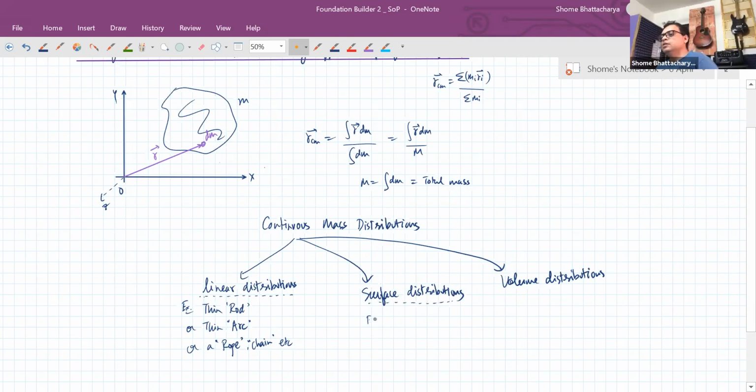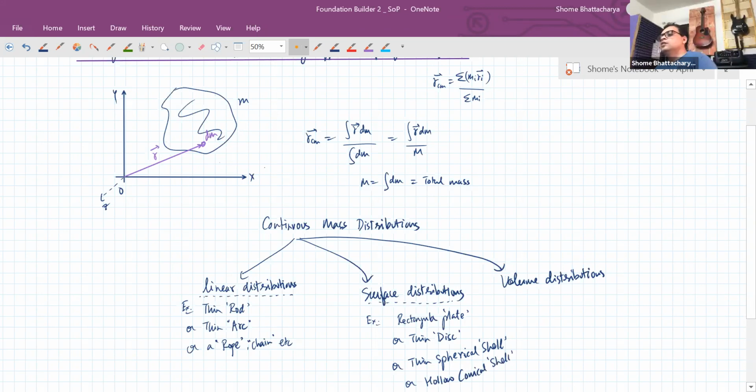It could be a laminar surface like a rectangular plate or thin disc. Or it could even be a non-laminar surface, for example a thin spherical shell, not a solid sphere, but a spherical shell, or a hollow conical shell.